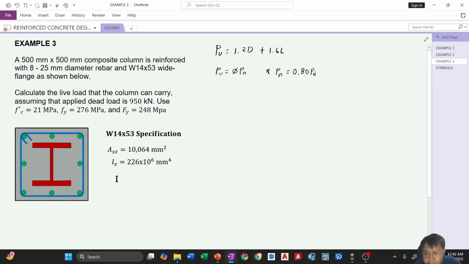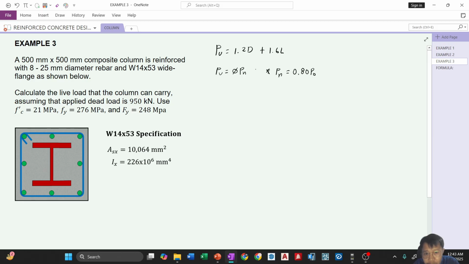Paano tayo nakakasiguro na tied column ito? Because of the shape of the column. It is a rectangular or square column. Therefore, automatically, this is tied column. So, 0.8 po yung ating factor para sa Pn dito.